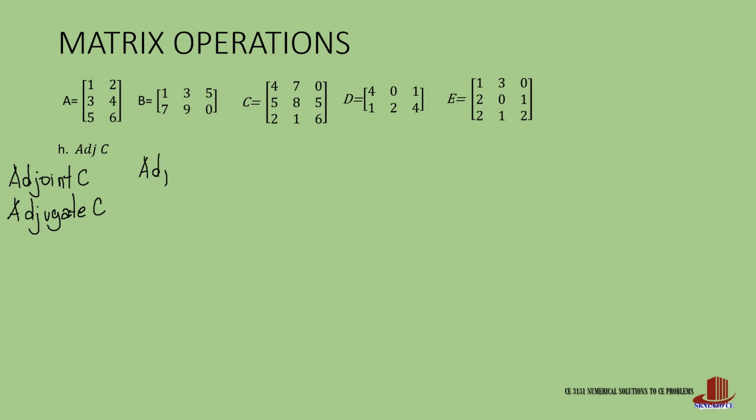Adjoint C would be taken as the cofactor with its transpose. So for matrix C, take the cofactor first.